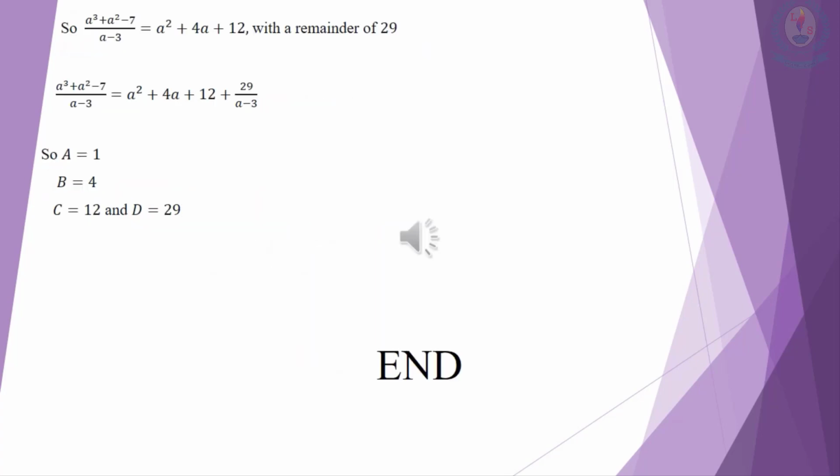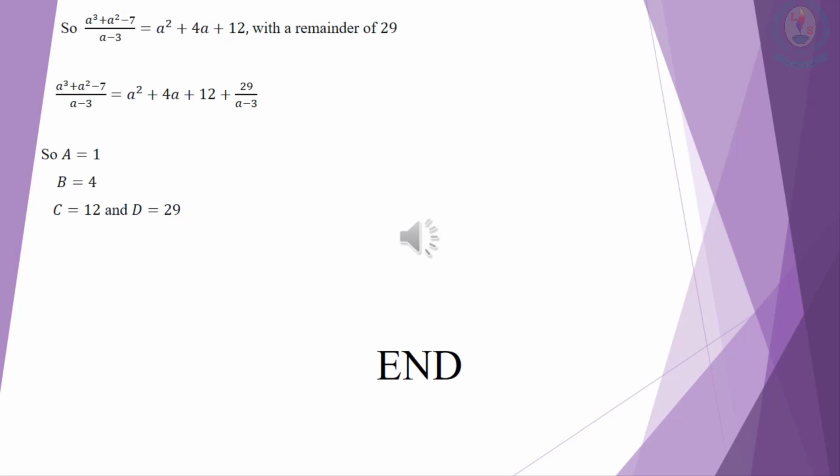Continuing with the previous slide. So a to the power 3 plus a to the power 2 minus 7 divided by a minus 3 is equivalent to a squared plus 4a plus 12 with a remainder of 29.